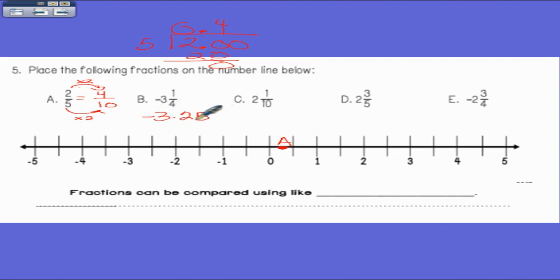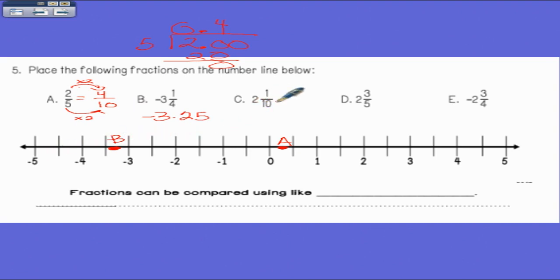So -3 and 25 hundredths, or -3 and a quarter. So I'm going to go to -3. 1, 2, 3. Here's my half. A quarter is halfway between 3 and 3.5. So -3. Oops, sorry. I just need to use B. I'm just going to make that into a B.